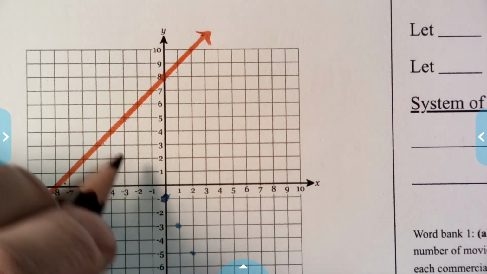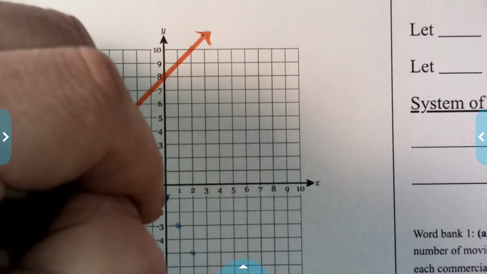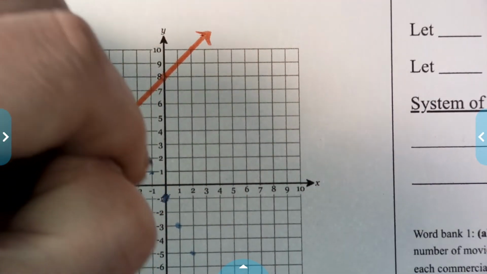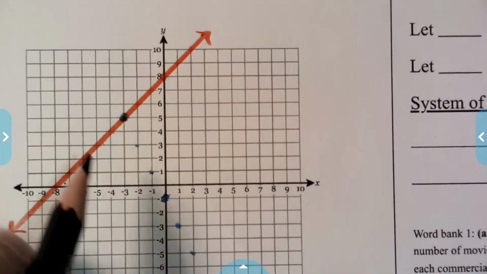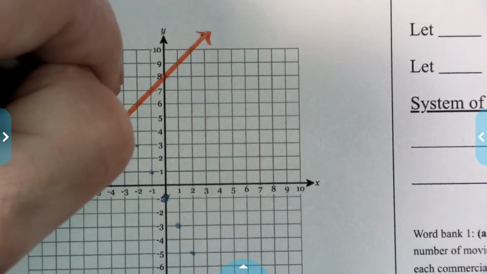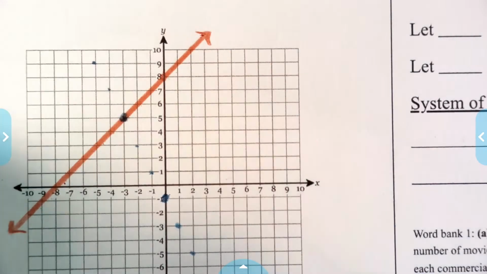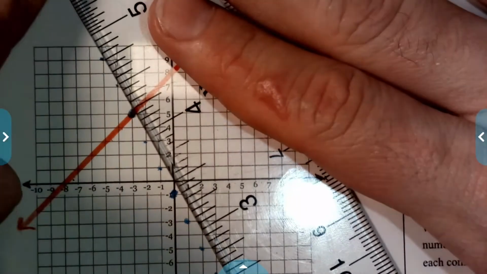And then we can go backwards and see if we can hit the intersection. We can go up 2, left 1. There's the intersection right there, you see? That's going to be at -3, 5. Okay, so now I can plot in the blue line.